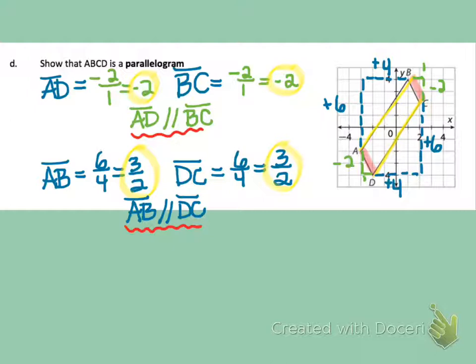That way you don't get caught up worrying about, when you're using the formula, y2 minus y1 over x2 minus x1, you might be subtracting a negative and forget that that means you change that to addition, or maybe you put the x's on the top instead of keeping the y's on the rise. So anyway, AB and DC were also parallel because they both had the slope of 3/2.